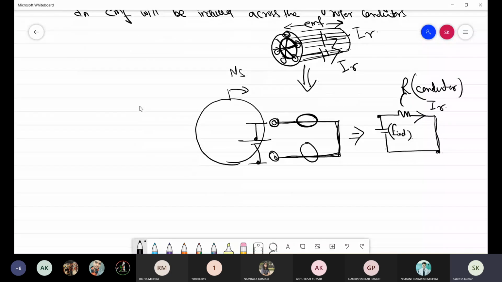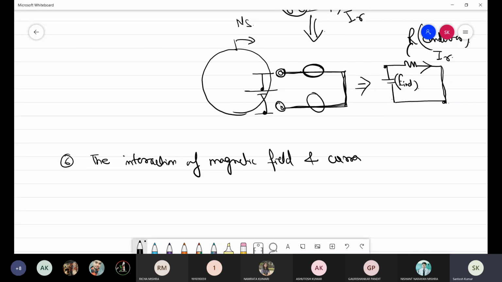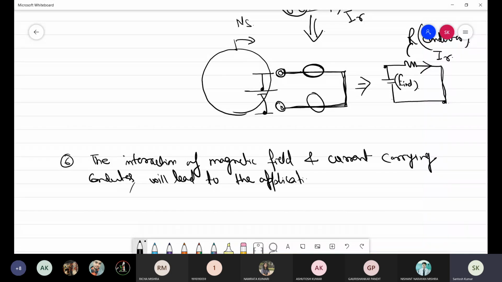Okay. Now, after the rotor conductors are carrying current, we can say that the interaction of magnetic field and current carrying conductors क्या देगा ये current carrying conductors will lead to the application of force or torque, whichever is applicable. ठीक है ना?